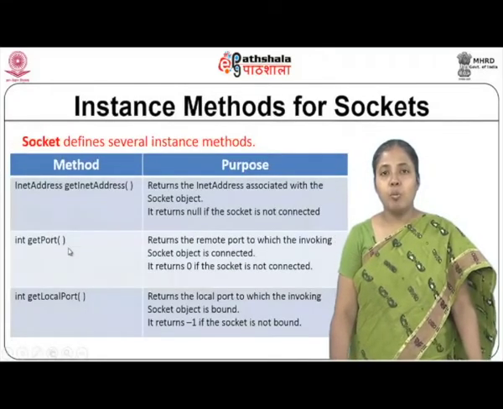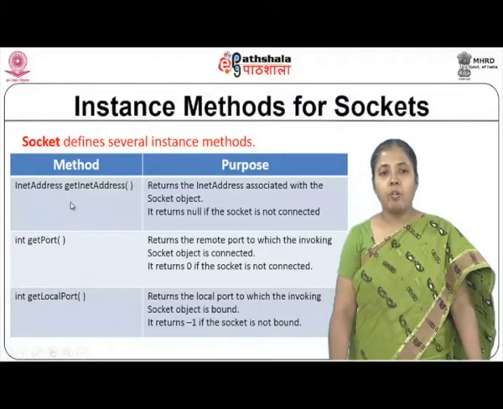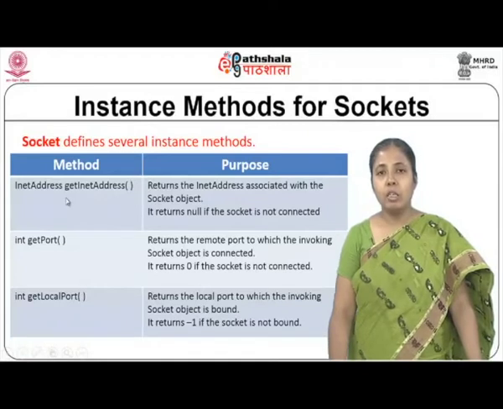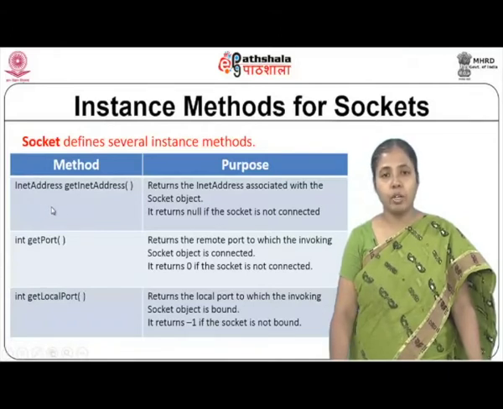Now, let us see the instance methods that are supported in the socket class. There are several instance methods, some are listed here. We have a method called getInetAddress. This would return the InetAddress associated with the socket object. So, once you create a socket object, you can use getInetAddress, which would return the InetAddress that is associated with the socket object.